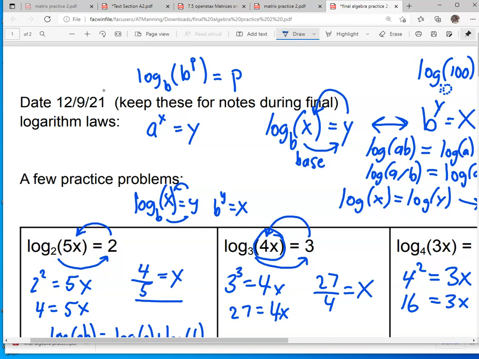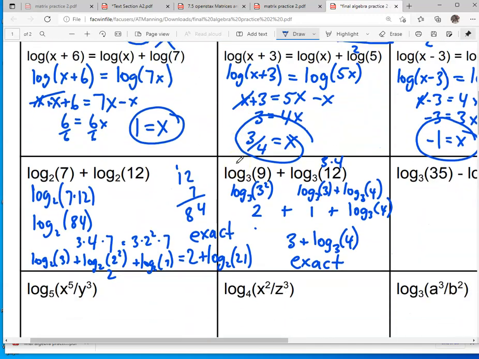Log base b, and if I can find some power of b in the parentheses, I can turn that into, oh, I know that's whatever power that is. So if I come back down to here, I see that this is equal to 3 squared. 3 is equal to 3 to the first power, and that's why that becomes 1. So recognizing pieces allows us to simplify some problems.